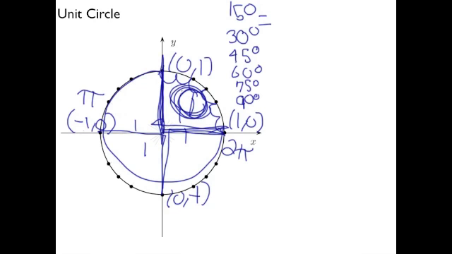So if these 6 points were reflected here again, 1, 2, 3, 4, 5, 6, and 15 degrees is 1 out of these 12, 15 degrees would equal pi over 12. That means this one here, 30, would equal 2 pi over 12. 45 would be 3 pi over 12. And so on. They would all be 4 pi, 5 pi, 6 pi over 12.